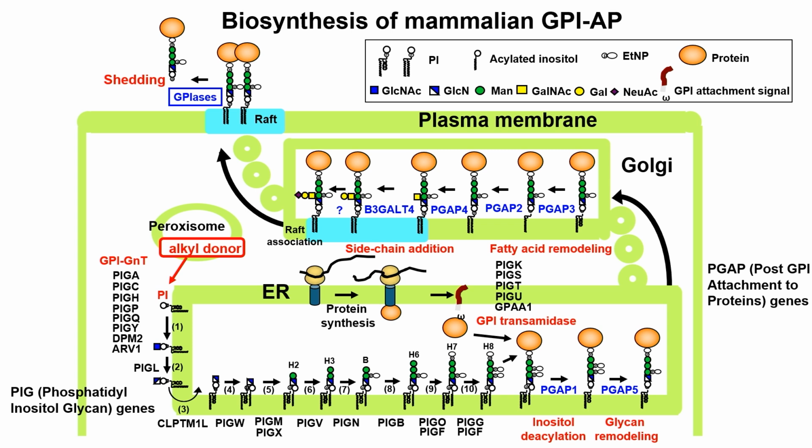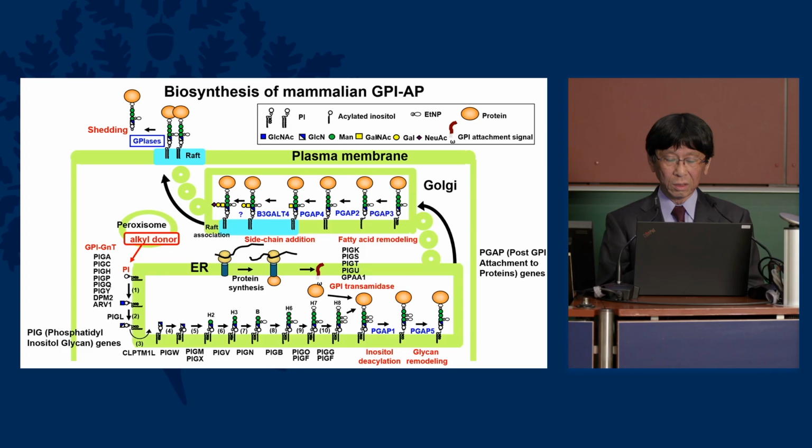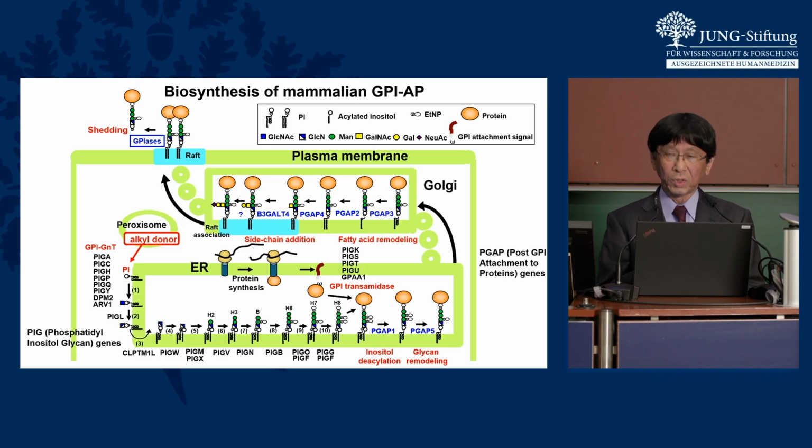The precursor protein has the GPI attachment signal peptide at the carboxy terminus. And the glycolipid is synthesized from PI, phosphatidylinositol, by stepwise additions of the monosaccharides, fatty acid, and ethanolamine phosphates, to generate a complete precursor of the glycolipid.